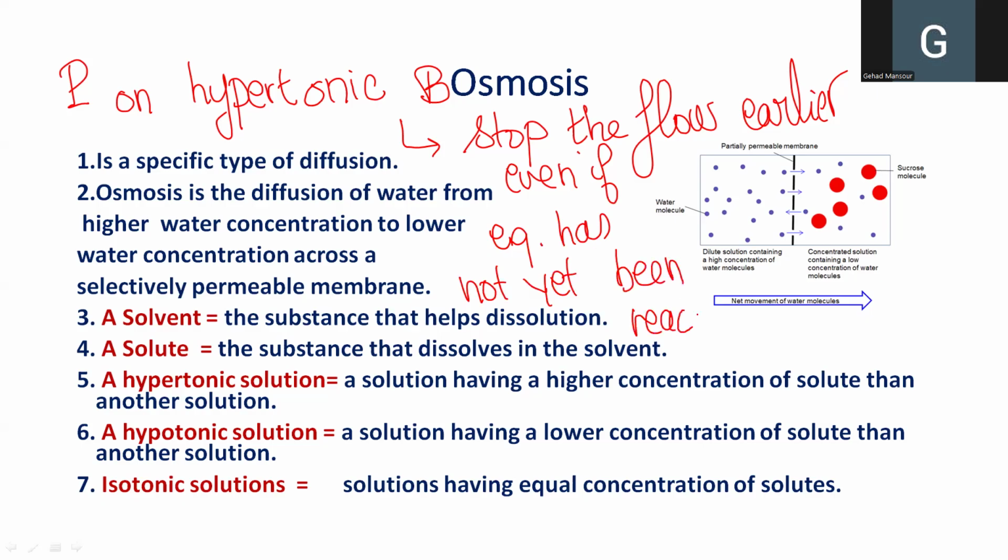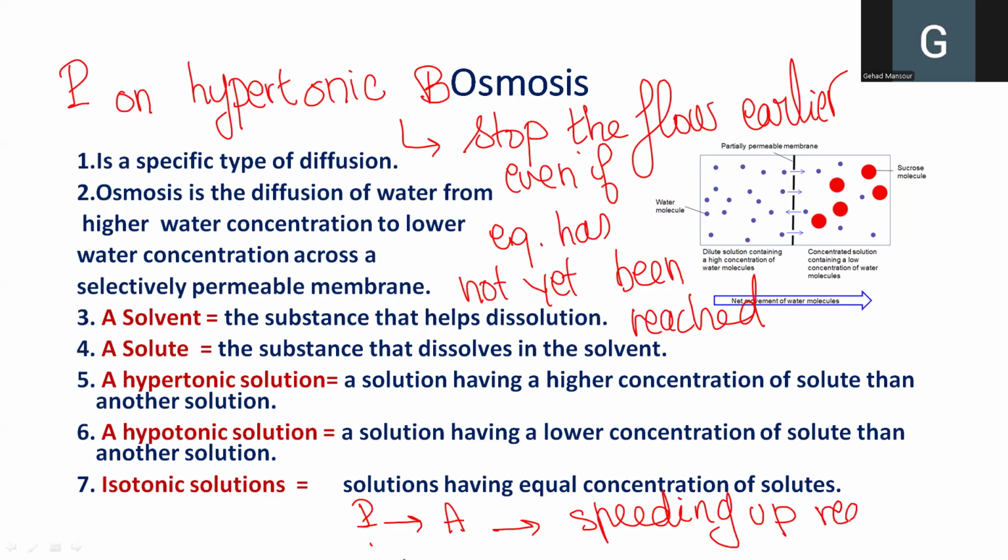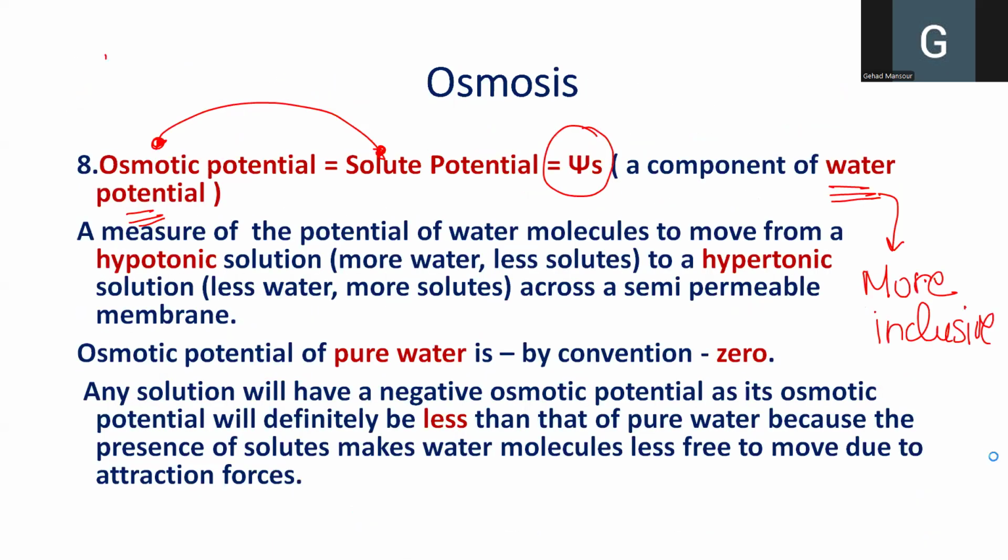On the other hand, if you apply pressure on the hypotonic side A, then you are speeding up reaching equilibrium, because you are speeding up the process of osmosis.